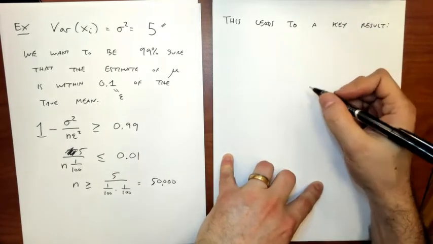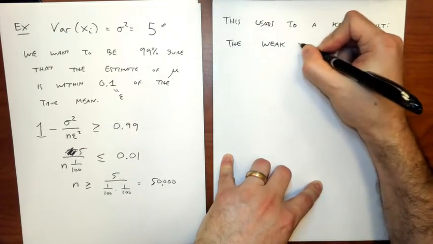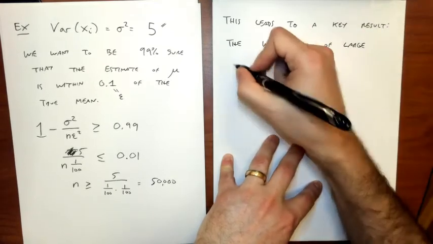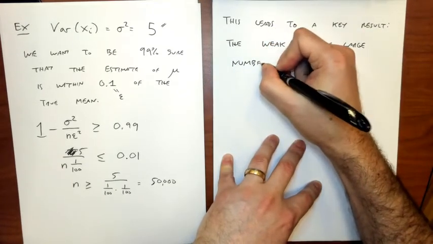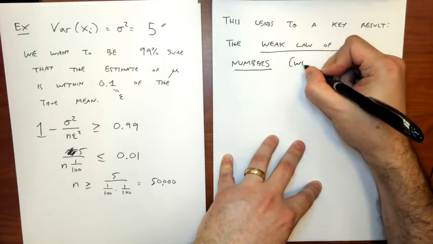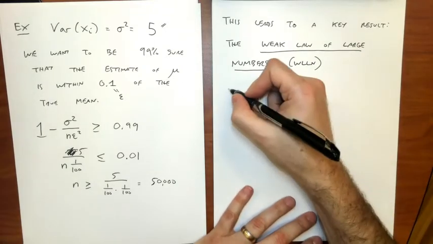The first one is called the weak law of large numbers. Weak, it's weak. Sometimes you may see this abbreviated as WLLN, not that we're going to do that much. Which says the following.